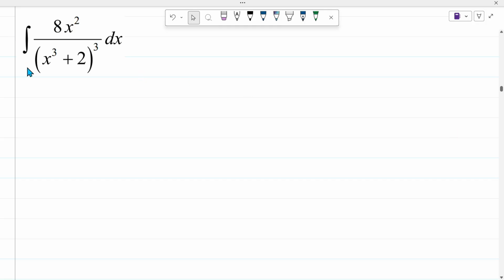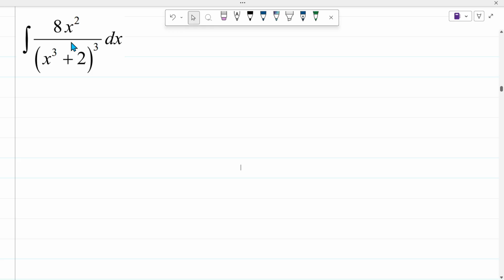So let's continue. We ask ourselves, can we simplify this? Definitely no. There is nothing that we can do here. Okay, we move to the second question. Do we have f of x and its derivative? So do we have a function and its derivative? We check. If we let x cubed plus 2 be our function, can the other thing be the derivative of it?